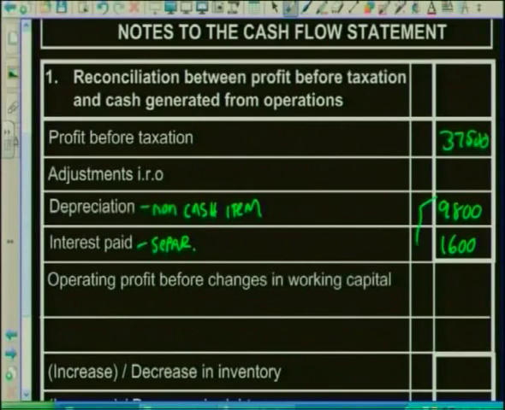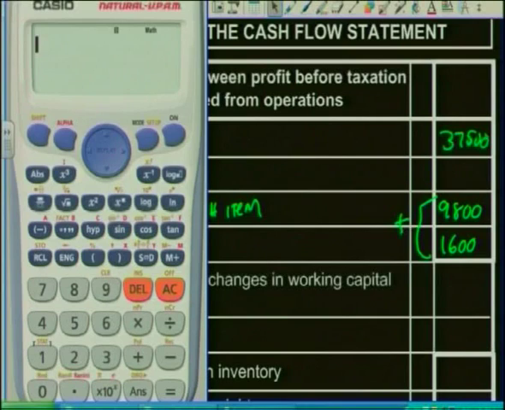Right, back to our note. So we now can adjust our profit before tax. We are now adding back our depreciation 9,800 and our interest of 1,600. So let's do that. There we go. 37,500.